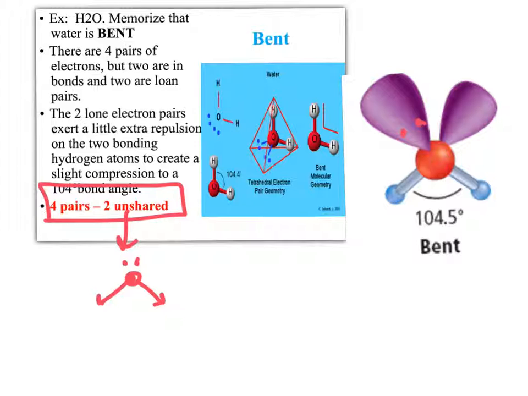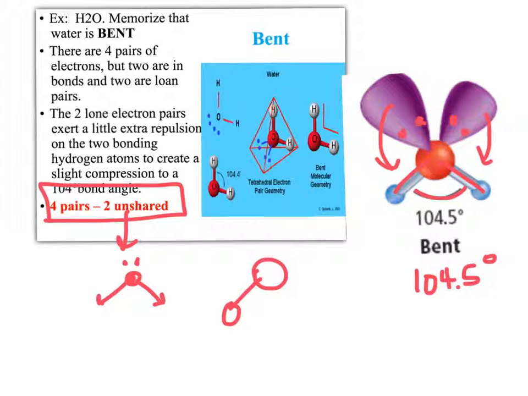In fact, these purple cones here are actually representing the unshared pairs. Since they force everything away from them, it forces these 2 bonds closer to each other, and we end up with a 104.5 degree angle. And so this is what we see in water. 4 pairs of electrons, but 2 pairs are unshared, and this one is called bent.